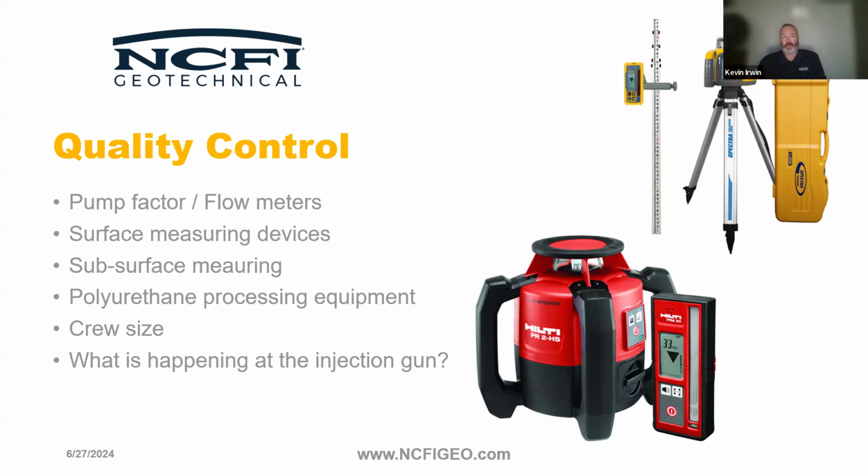They have a click counter on the pump. That click counter relates to how many fractions of a gallon are put out by that pump with each pump cycle. So we can look at that and calculate, based off of how many gallons we put in the ground, back to the number of pounds.